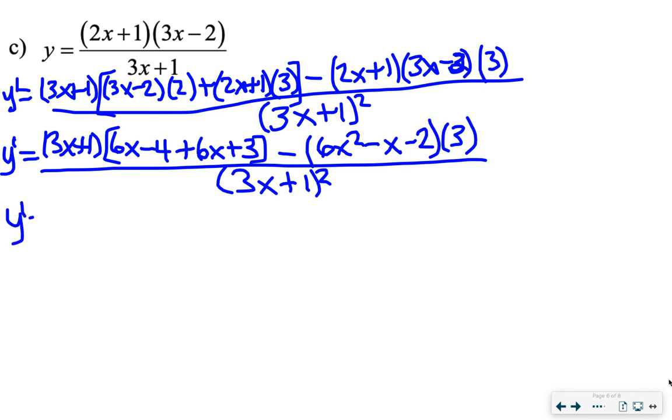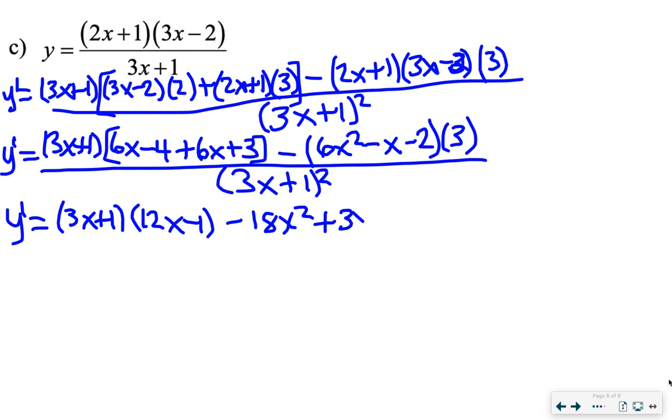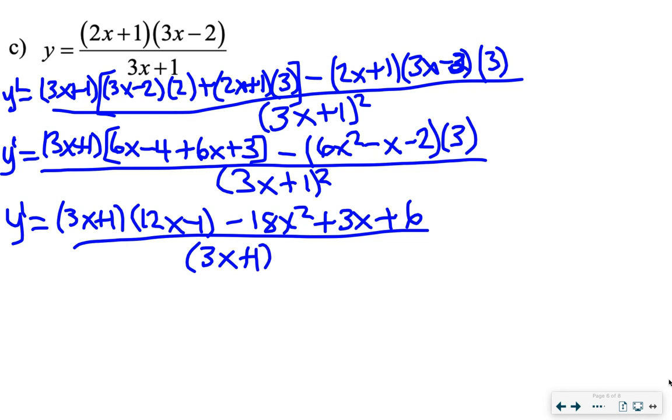Okay. Simplify some more. 3x plus 1 all squared. Okay, almost there.